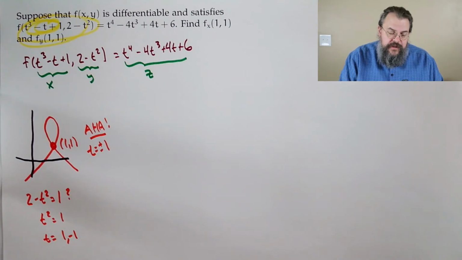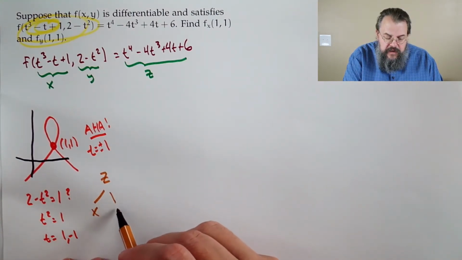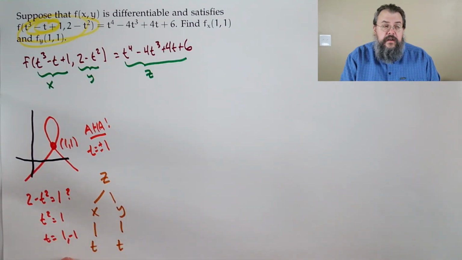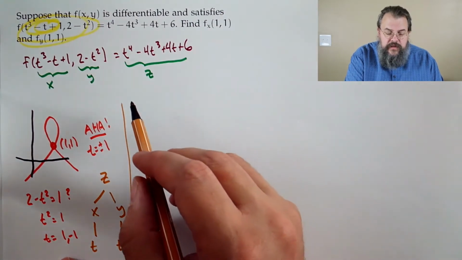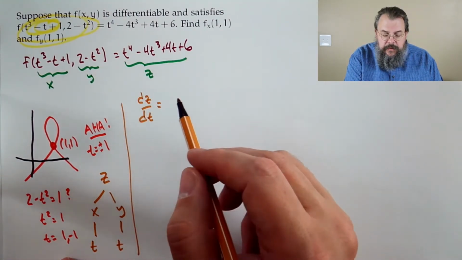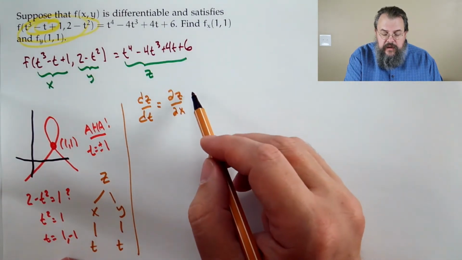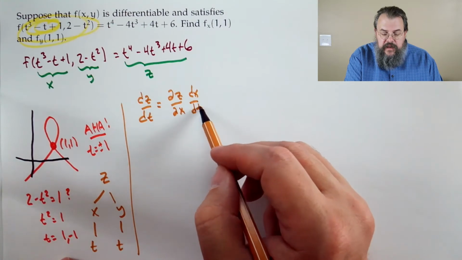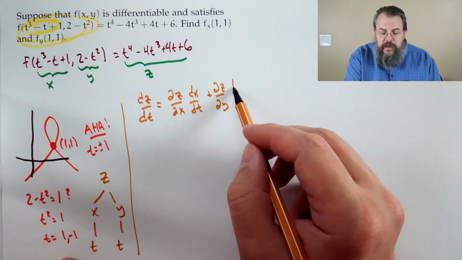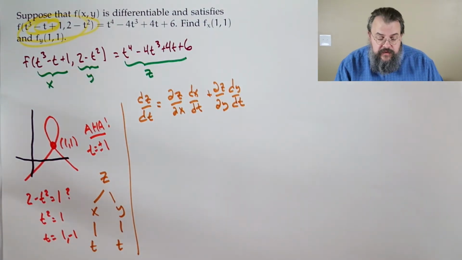So chain rule tells us, if we think about our picture, z depends on x and y, which are functions of t. So we can say dz dt is equal to partial z partial x dx dt plus partial z partial y dy dt. So far, no big surprises.